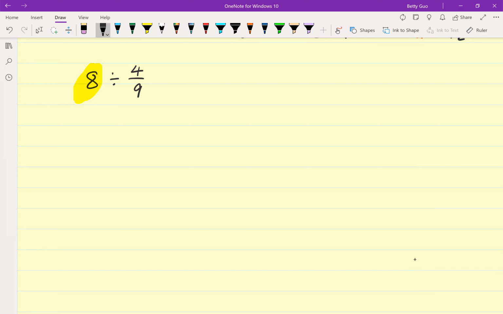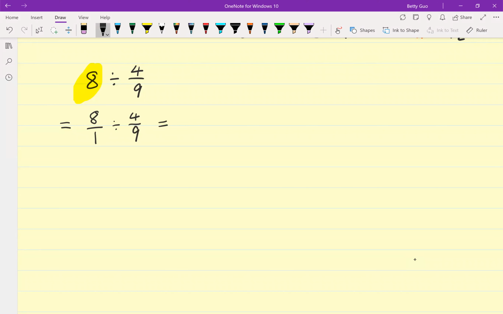So when you process multiplication, division, addition or subtraction of fractions, if you see a whole number there, you can just write it as over 1, okay? Yeah, we can write 8 as 8 over 1. Numerator is 8, denominator is 1. And then we divide it by 4 over 9.